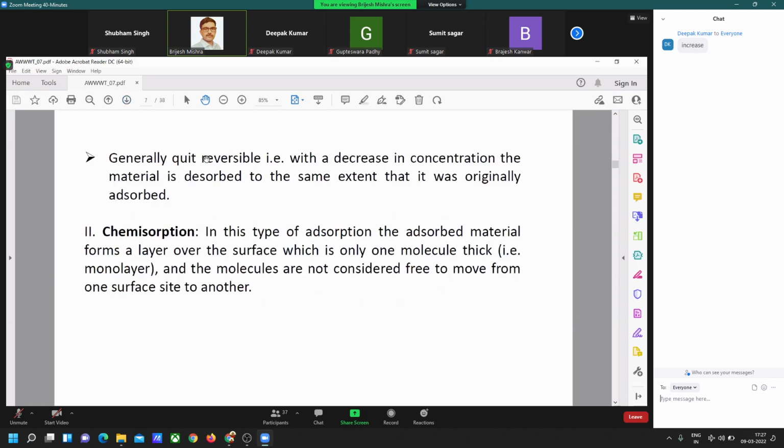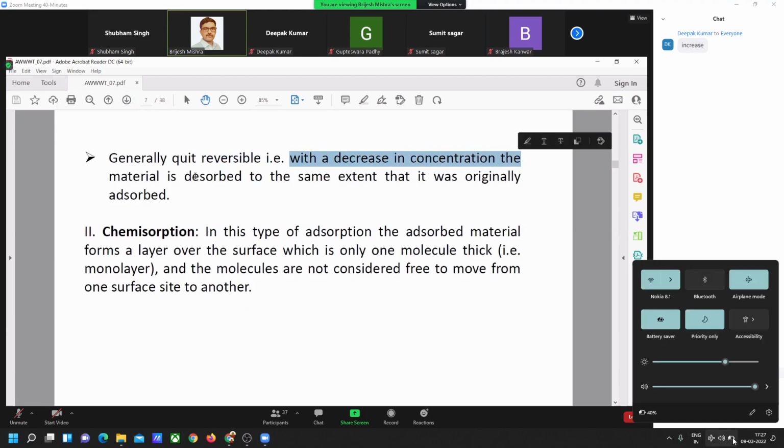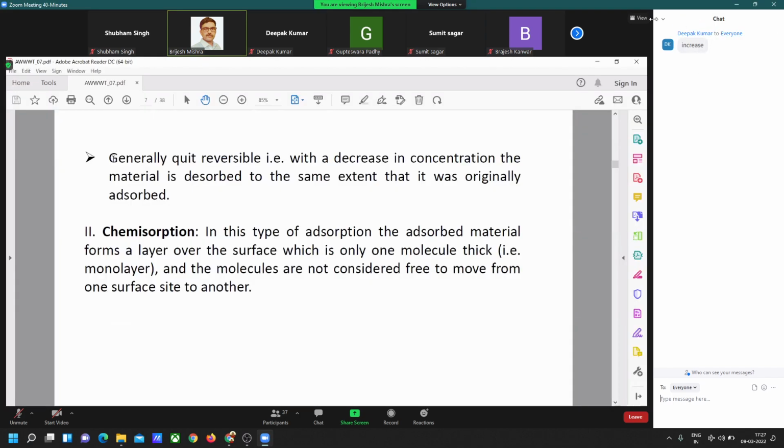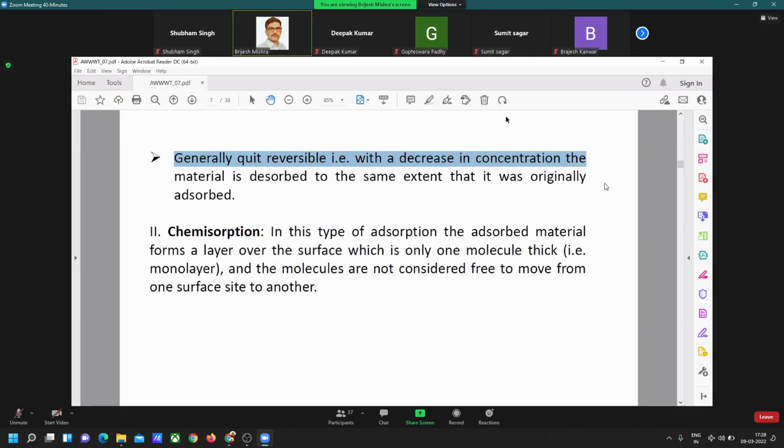Generally, quite reversible. What is the meaning of this? With a decrease in concentration, the material is dissolved to the extent that it was originally adsorbed. Important line. Generally, with reversible, with a decrease in concentration, what happened? Initially, concentration is 200. Now you are going to put adsorbent.